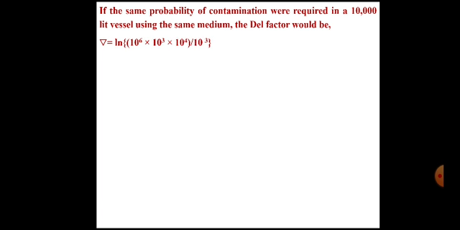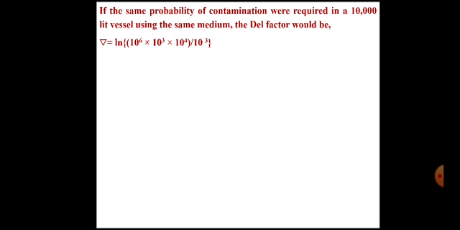So we'll go back to the formula. Del factor is equal to log of N0 by NT. So what is N0 here? The number is same, that is 10 raised to 6 per ml. We'll convert it to liters. So 10 raised to 6 into 10 raised to 3, and it is present in 10,000 liters.